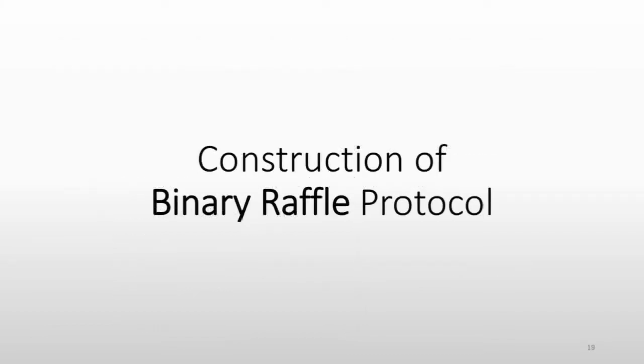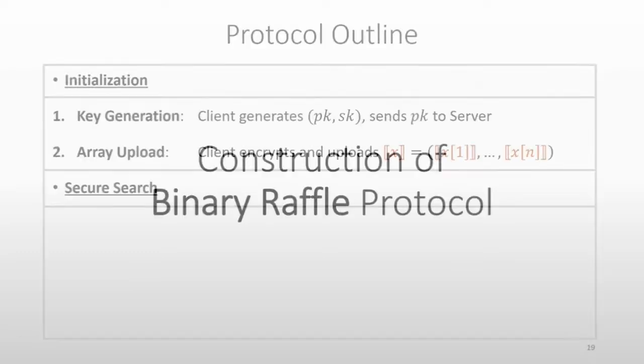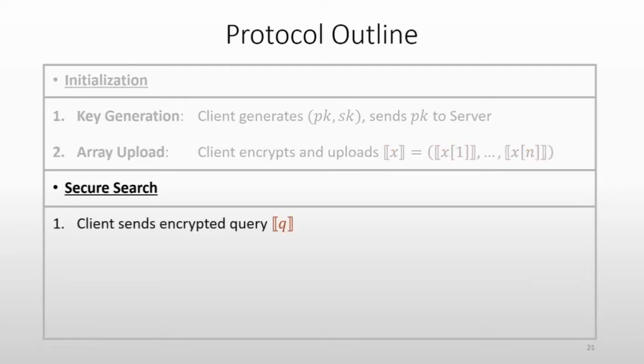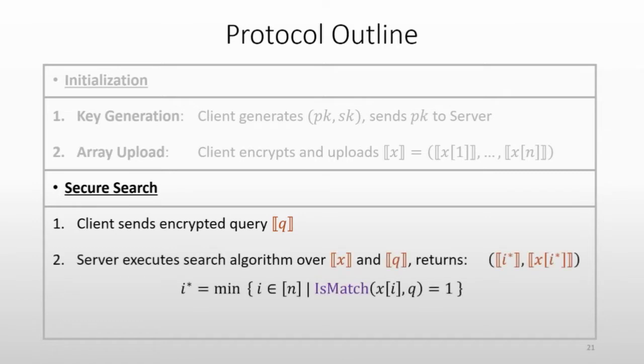Now let's dive into the construction of the binary Raffle protocol. The protocol outline begins with a standard initialization phase, where the client generates a public key and a private key, and sends the public key to the server. Then the array is uploaded by the client after it is encrypted. The secure search begins by the client encrypting its query and sending it to the server.